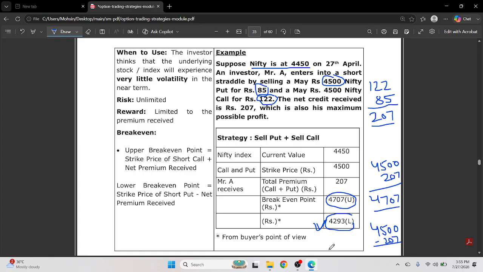If the market remains between these levels, we could make some profit. And if the market breaks either side, we'll start making a loss. If the market closes above the upper level, we'll make a loss, and if it closes below the lower level, we will also have a loss.